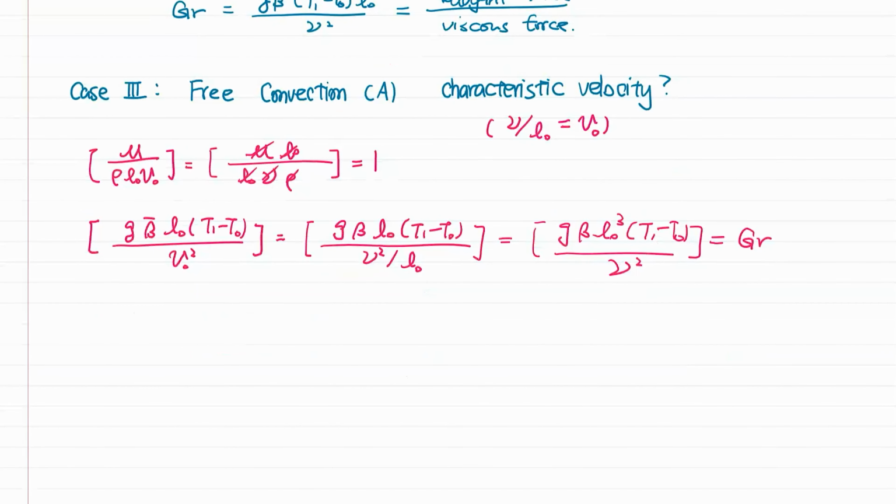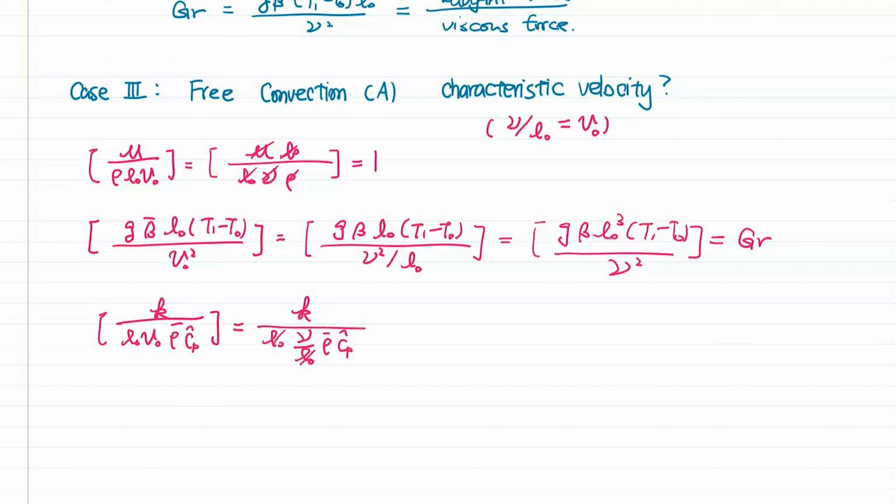Now for the energy equation, we have thermal conductivity over L naught V naught rho Cp. This now equals K over L naught, kinematic viscosity over L naught, rho Cp.